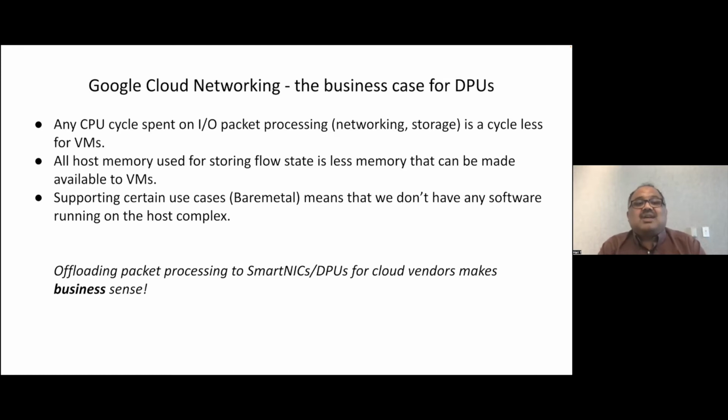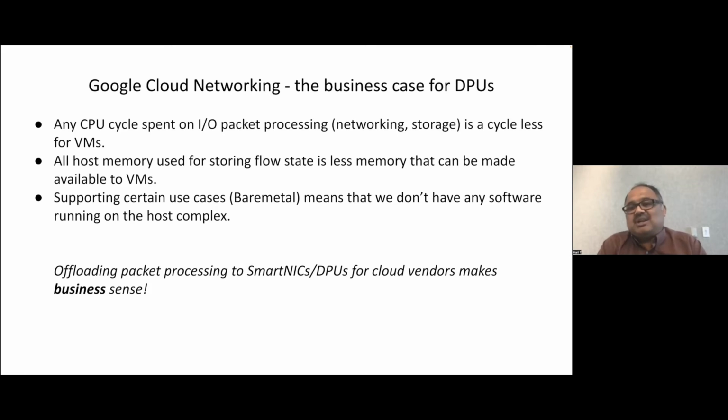In addition, because these packet processing stacks also take up host memory, that's also less memory available to the rest of VMs. And certain use cases like bare metal flows, which basically means that we can't run any OS or any of our stacks on the end host, means that we have to by necessity offload all our packet processing and all our Google specific software onto a third element.